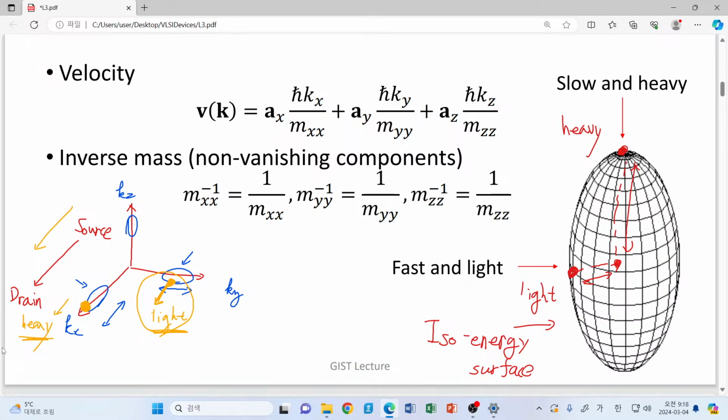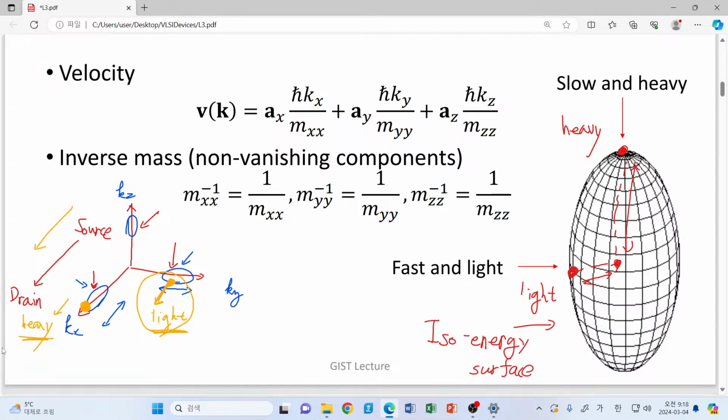In this case, if we have three different pairs of silicon valleys, which one is more preferred for use as a transport channel? You can easily understand these are preferred channels for our electron movement, and we want to eliminate the contribution from this heavy mass one.